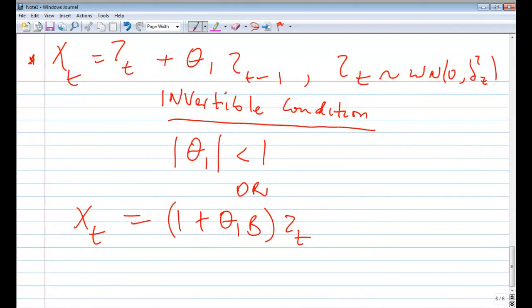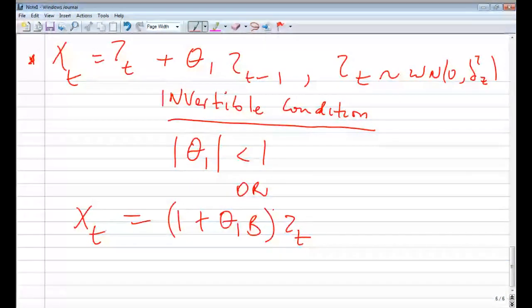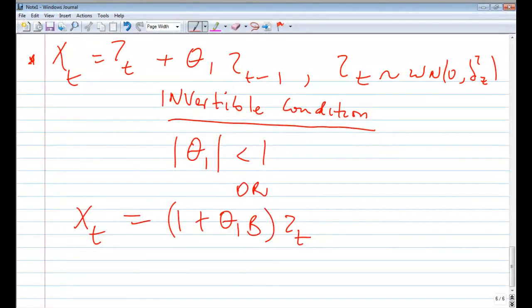After doing that, we take everything within the brackets and equate it to 0. So you take everything within the brackets, which is 1 plus theta 1b, then you equate it to 0 and solve for b. This implies that 1 plus theta 1b will be equal to 0.